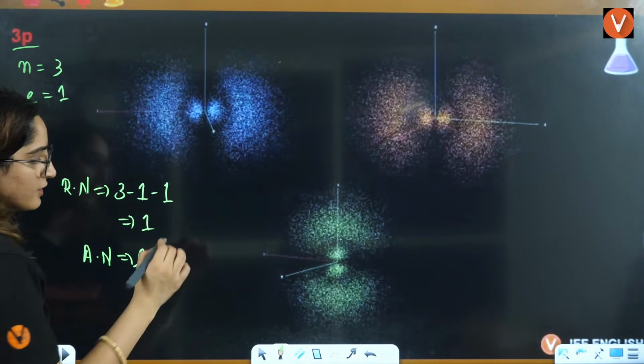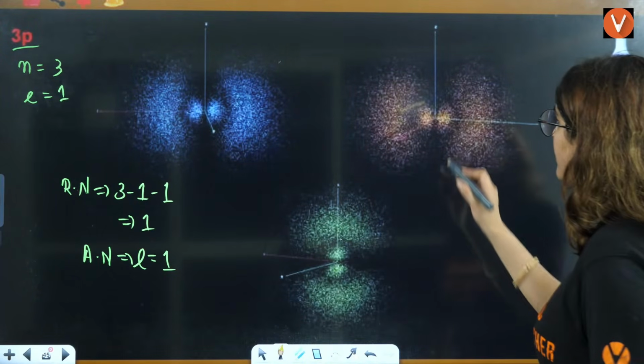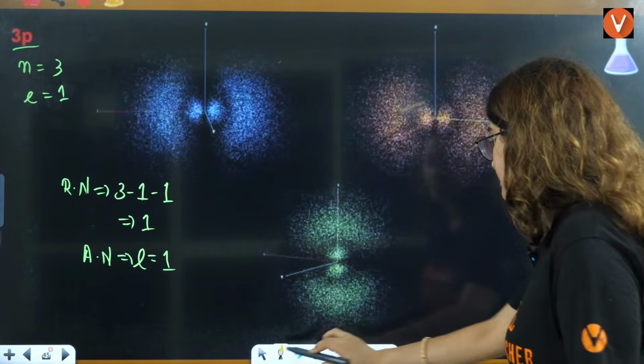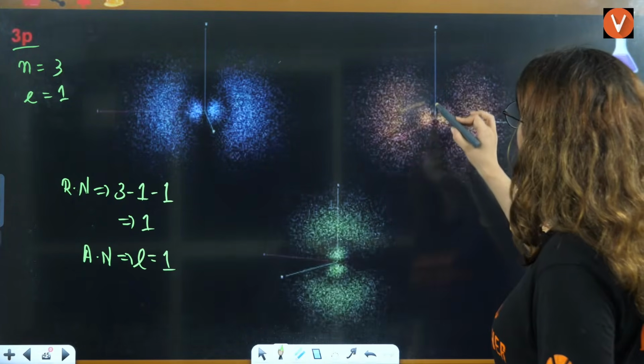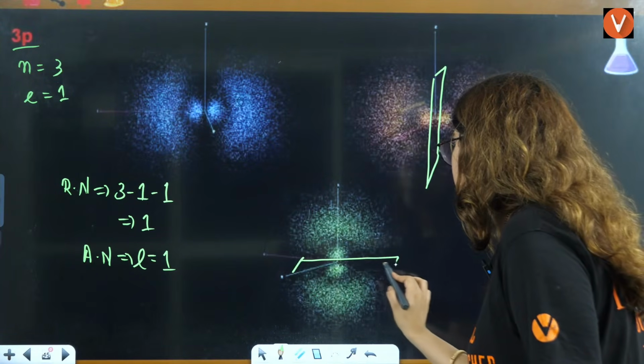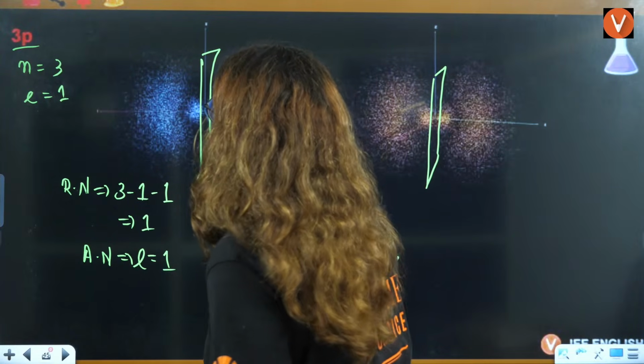Can you see the angular node and the radial nodes? Which is the angular node, which is the radial node? If you see this here, this is where you can pass the plane. This is where you can pass the plane.